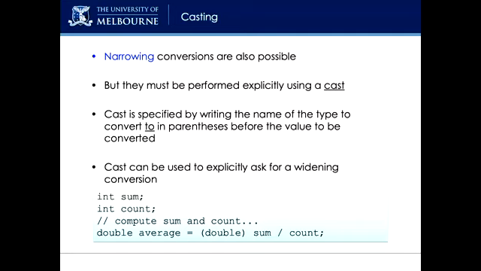But narrowing conversions are also possible, but you have to be very explicit. And use this term which you will have used before called casting. And casting simply says that you take one value and you force it to become another value. So you have a type of, say, double, and you want it to become an int, so you will cast it as an int.